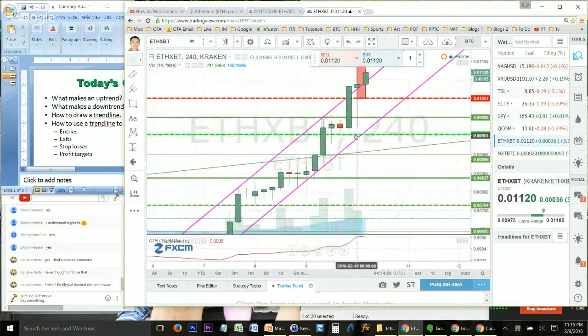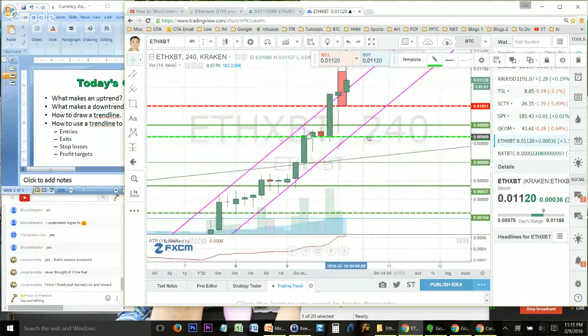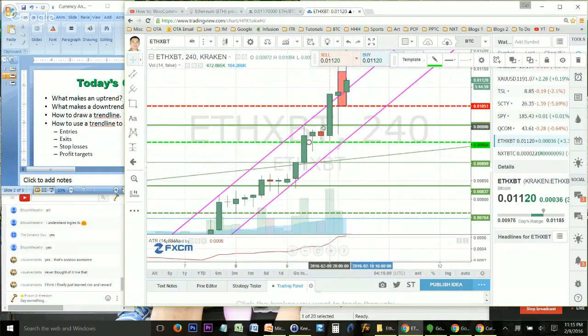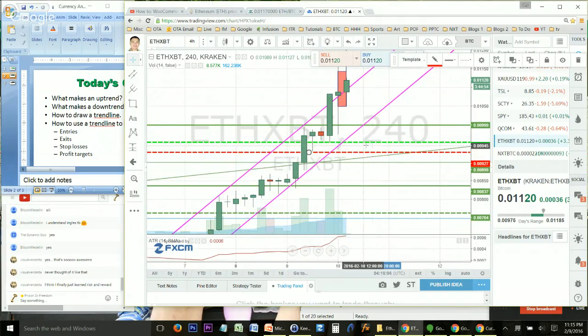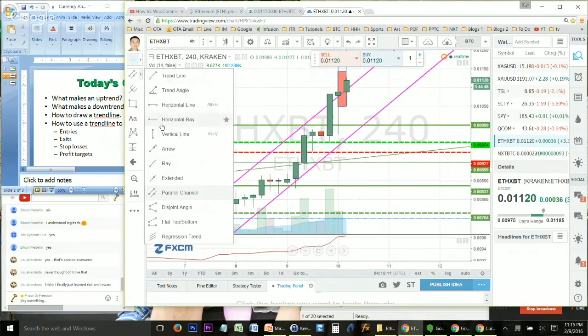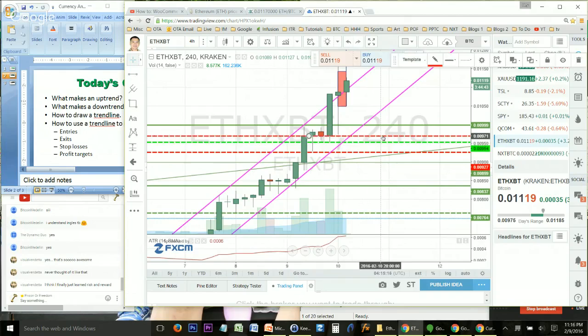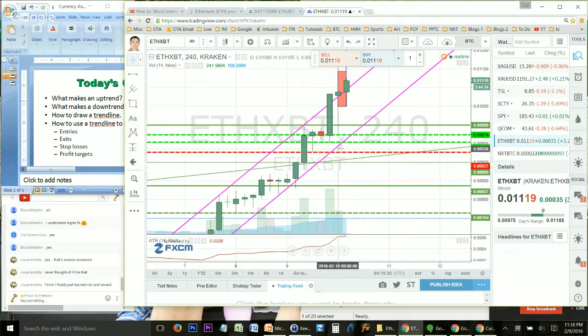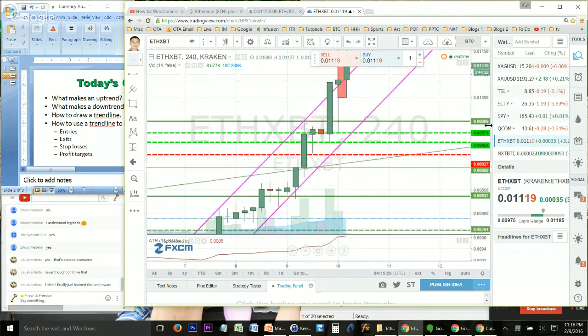And then when the price comes back down to here, into this area, that's where I'll get in. Put my stop right there. So I'll get in anywhere in here, right there, like that.